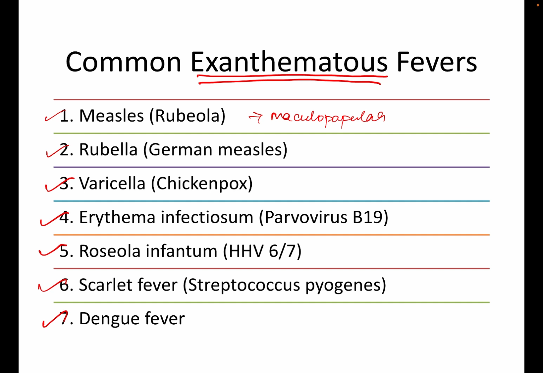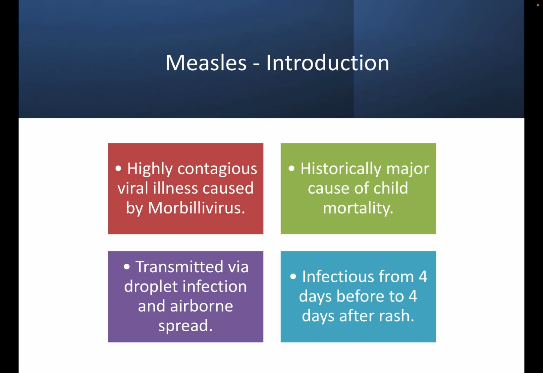Okay, now coming to measles. Measles is a very highly contagious viral illness caused by morbillivirus, and it is historically a major cause of childhood mortality, ranging from 30% to 60% case fatality rate. It is usually transmitted via droplet infection and airborne spread.